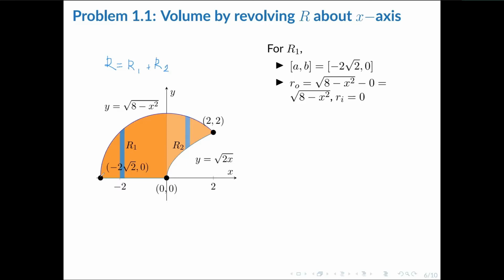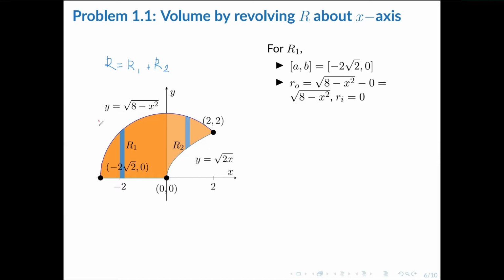So for R1, the interval AB is, ito yung magiging limits, from -2 square root of 2 to 0. Then the outer radius, or R sub O, is equal to the square root of 8 minus x squared minus 0, or just the square root of 8 minus x squared, and the inner radius is equal to 0. So ito yun.